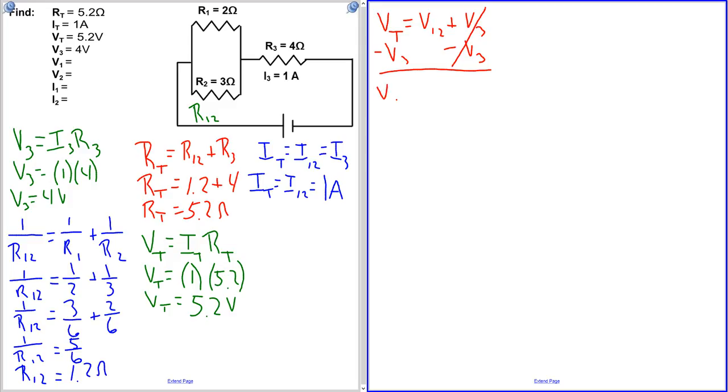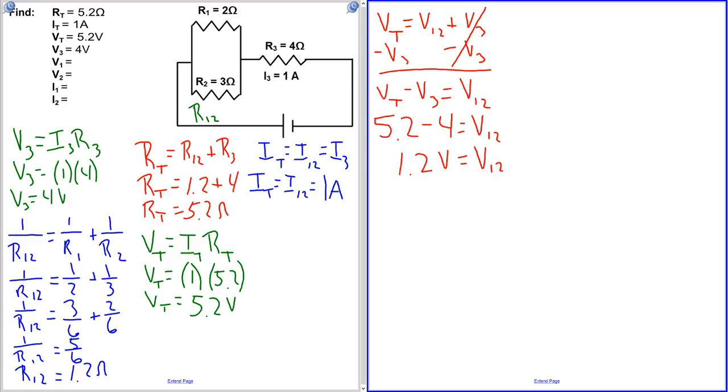So I get that my total voltage minus the voltage in 3 equals the voltage in 1, 2. So I can say 5.2 volts minus the 4 volts, which gives me 1.2 volts. That's my voltage in 1 and 2, or 1, 2 combined, I'm sorry.